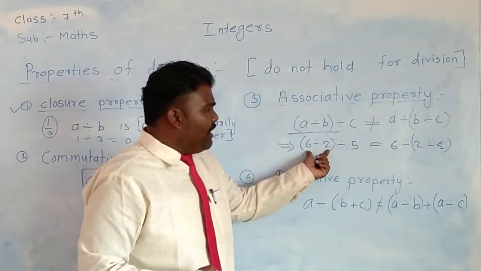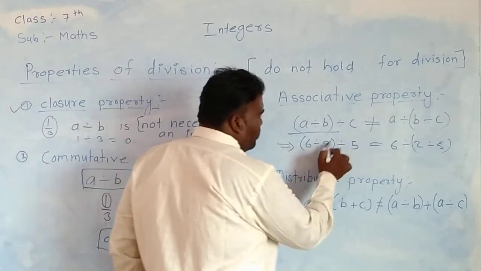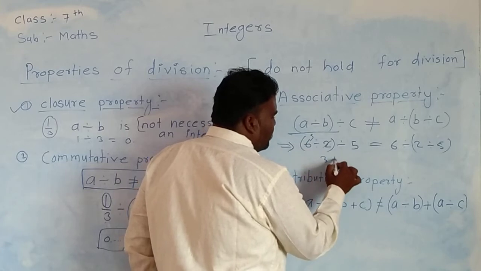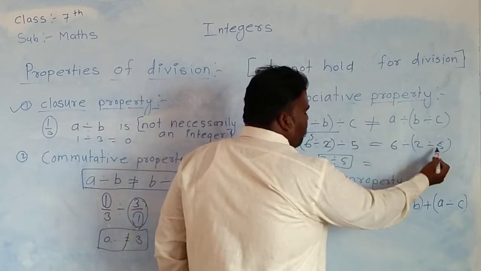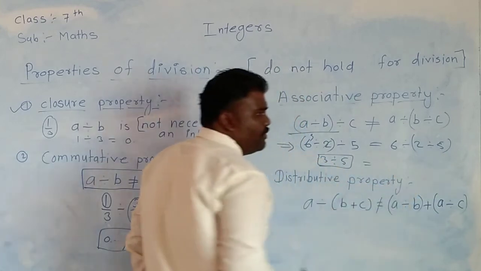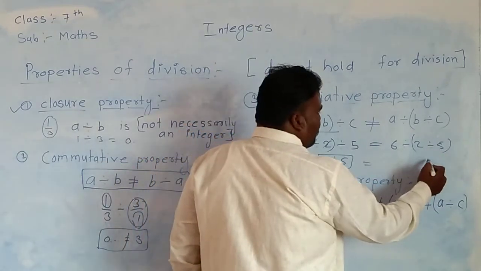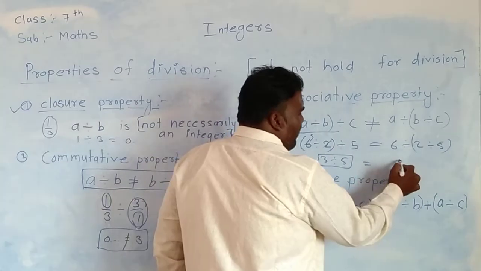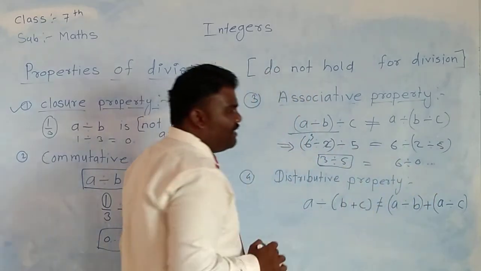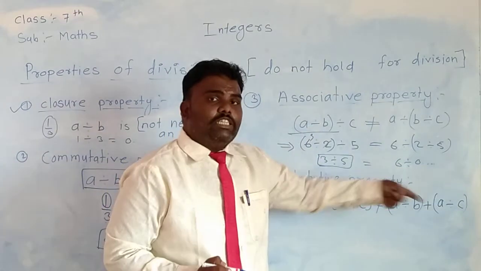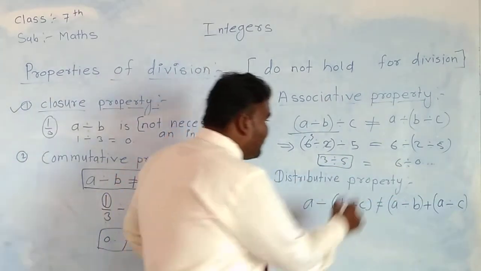Look here, 6 divided by 2 will be 3, since 2 threes are 6. Divided by 5, it will be a decimal. And what about the other grouping? 2 divided by 5 will be 0 point something, and 6 will be divided by that. So the answer will be different. The answer is not matching.